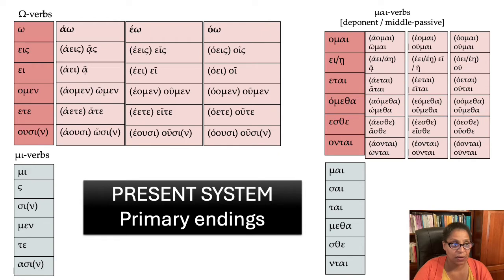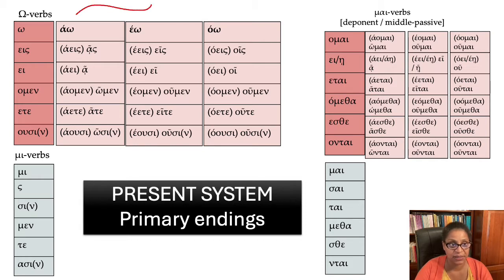So ao, aeis, aei, aomen, aete, aousi. This is uncontracted. Attic likes to contract. They don't like to have so many vowels in a row, so they contract. And so that's what's happening with the contract verbs.